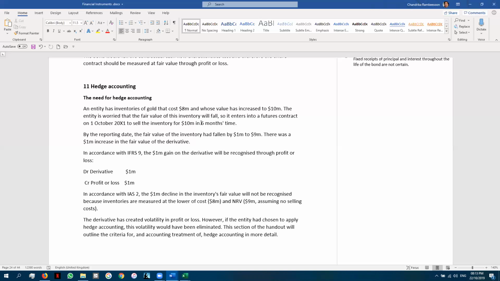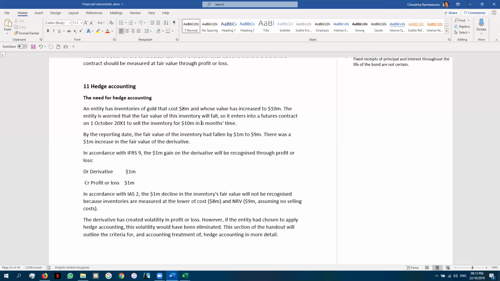But remember what I told you. If a loss is made on one part of the transaction, in this case the underlying, the price actually fell, a gain would be made on the other side, the futures. Now, we don't need to get further into why and how the gain was made in the derivative.